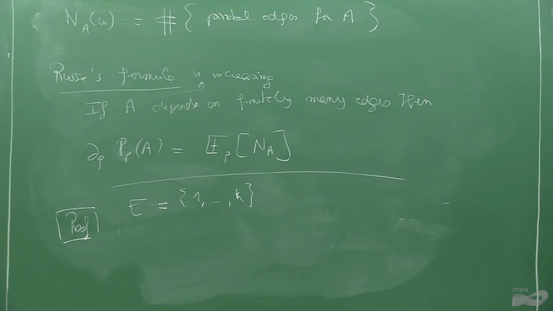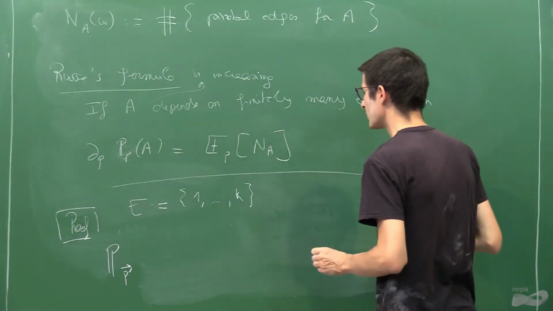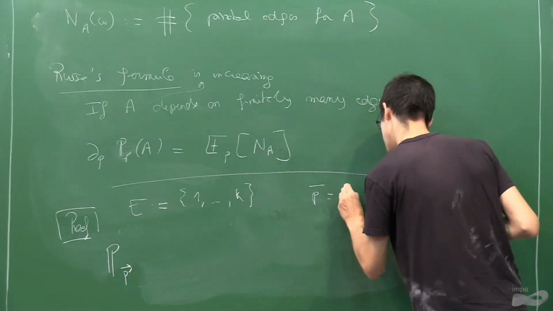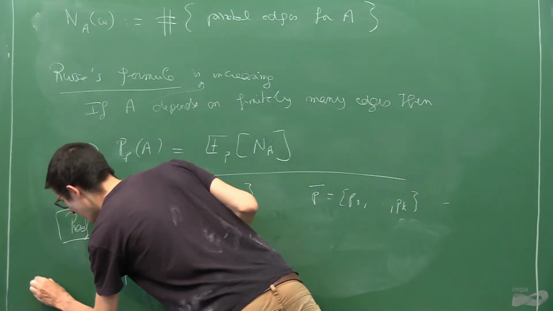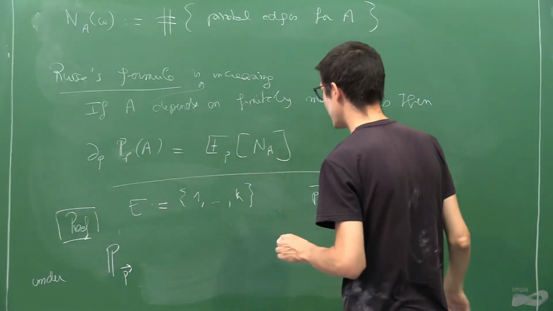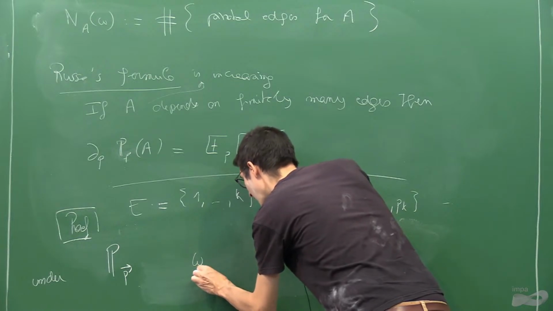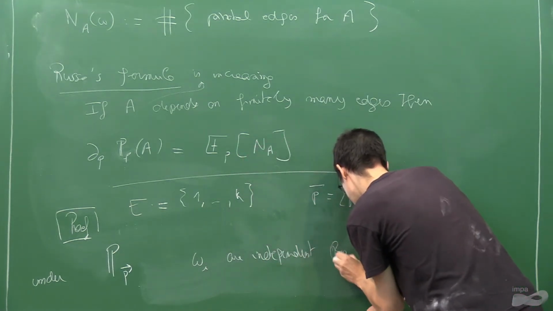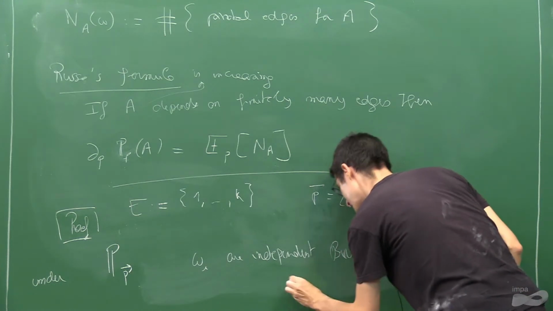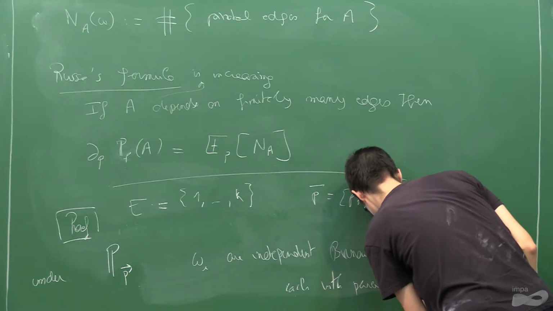And now I'm defining p, which is a probability vector, so p is equal to (p_1, ..., p_k). Under P_p, what I have is that the omega_i are independent Bernoulli, each with parameter p_i.